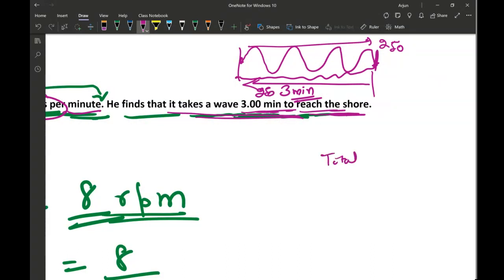So the total distance to find the speed will be 500 meters in that scenario. So 500 divided by 180 to find out the speed.